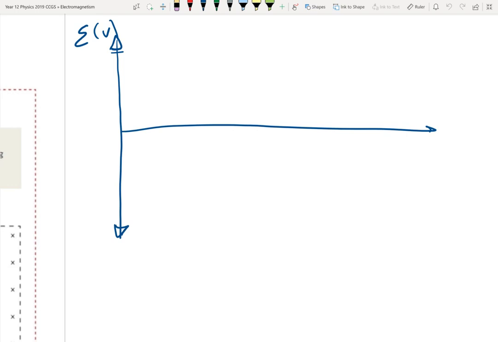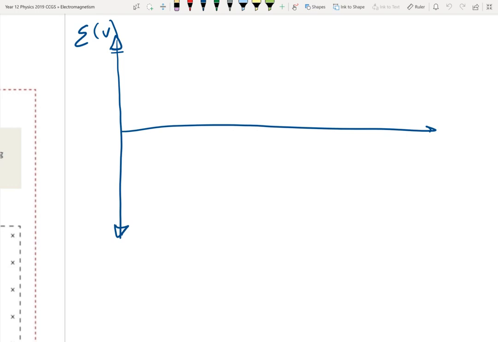The key here is constant speed, because when the north edge entered, it took a certain amount of time, and when the south edge left, it took the same time. Okay, because our magnet is nice and symmetric, and I passed it through at a constant speed.